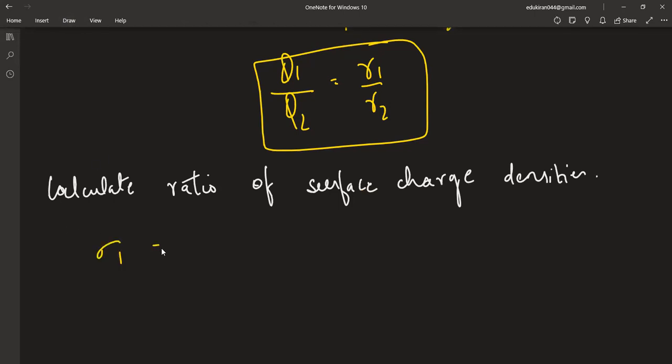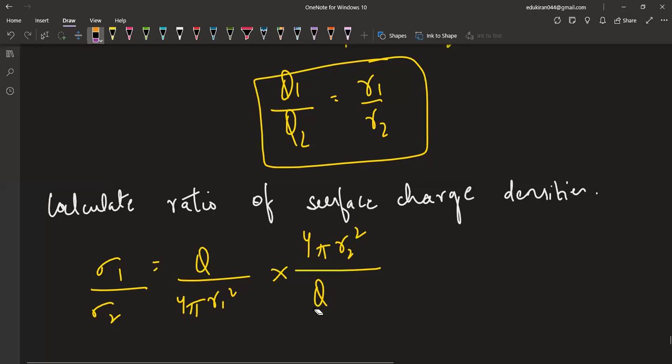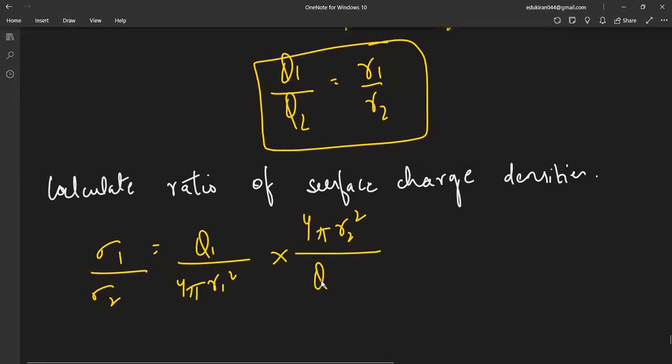So sigma 1 is equal to Q1 by 4 pi R1 square, sigma 2 will be equal to Q2 by 4 pi R2 square. The Qs won't be cancelled. The 4 pi cancels. Now what are we left with? This becomes Q1 R2 square divided by Q2 R1 square.